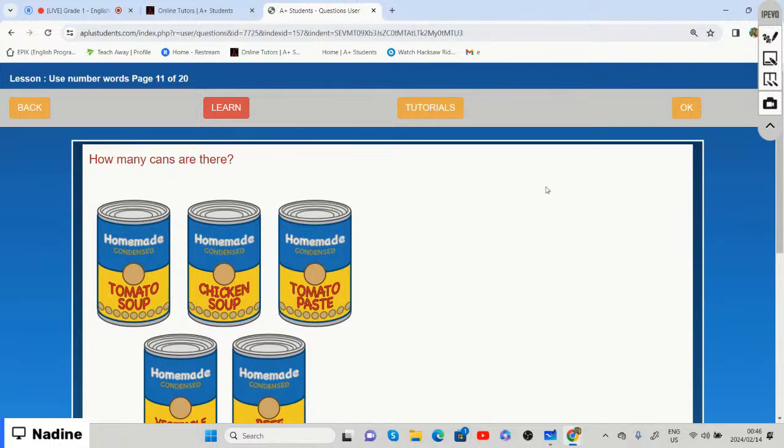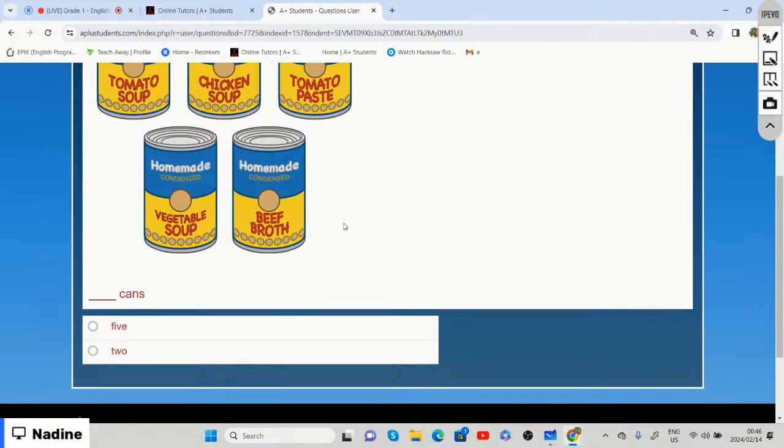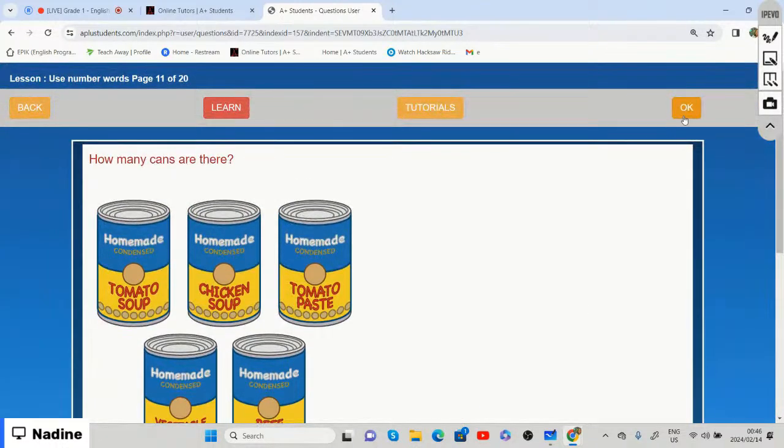How many tins or cans are there of tomato soup? There's one, two, three, four, and so how many cans are there? And we can say there are five cans, yes. So well done, five cans is correct.